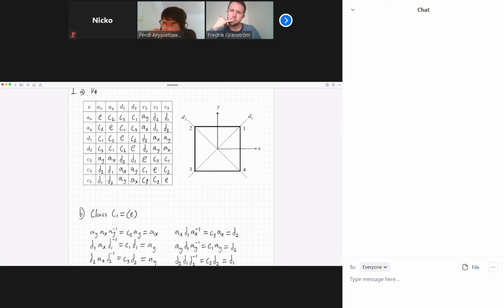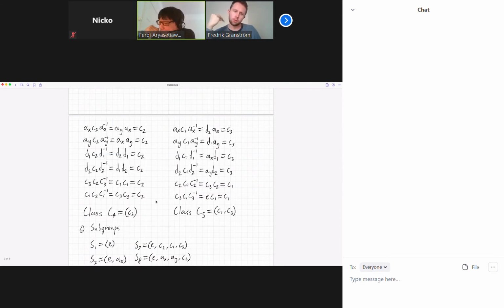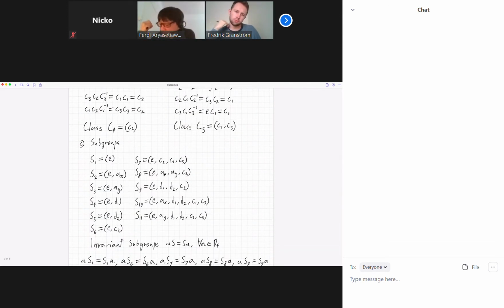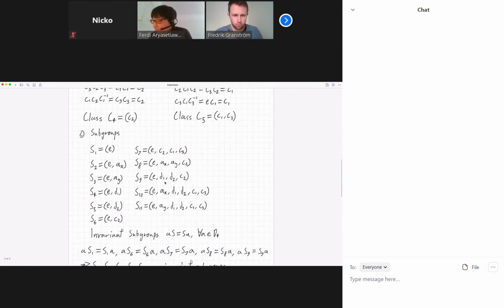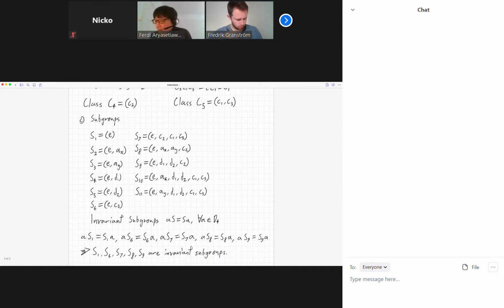So we stay within the group. And in the same way, we see that AX, AY, and C2 form another subgroup, and the diagonal elements in C2 form another subgroup. And if we include everything except for AY and C2, we get another subgroup. And the same thing if we switch AX with AY.